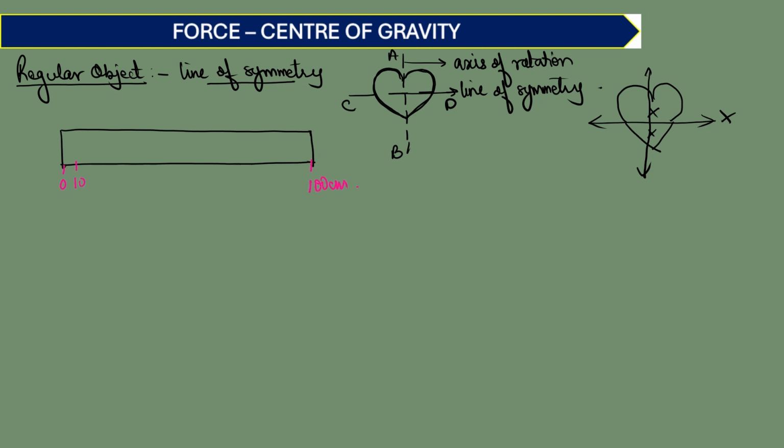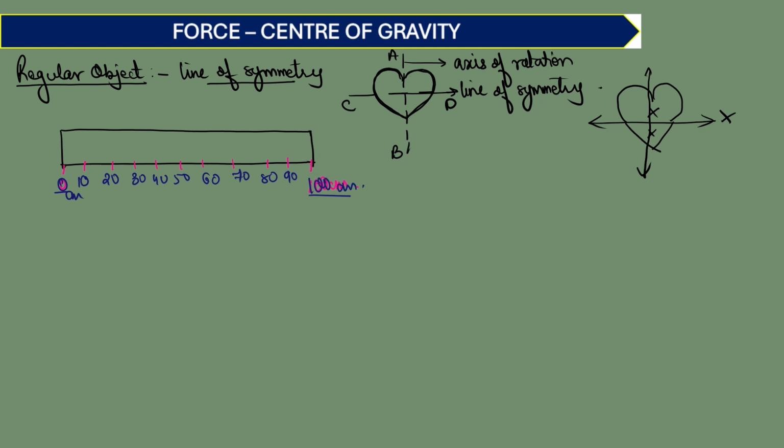Here you will have the 10 centimeter mark, 20, 30, 40, 50, 60, 70, 80, 90 and 100 centimeter. And this is your 0 centimeter. And this is your 100 centimeter.